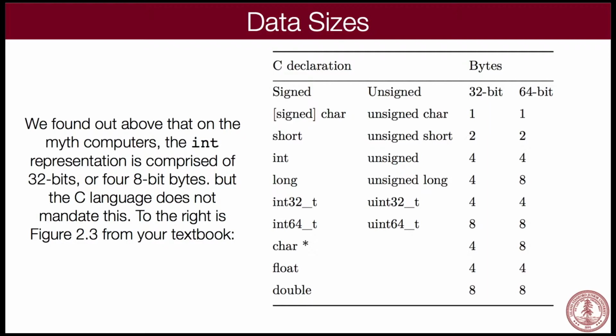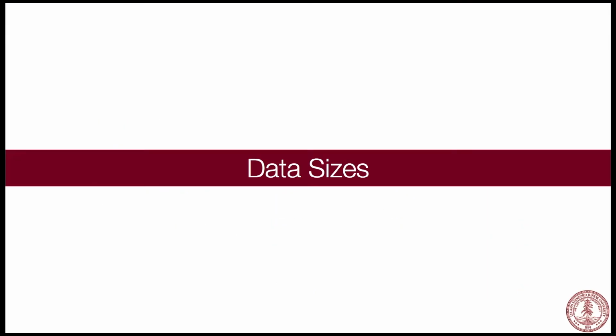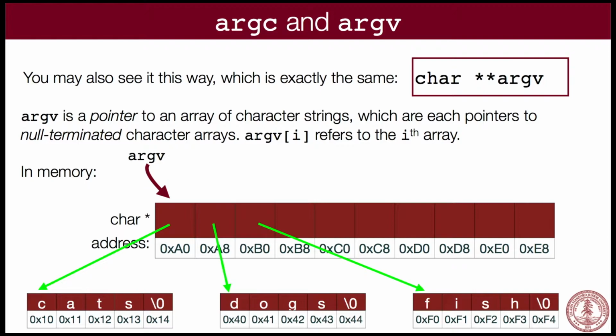Question? Kind of related to this, if you go back 2 slides, why, at the bottom, cats and dogs, why does one slide go by 8 and the other by 1? Yeah, this is such a good question. The question was, up here in this array, it goes A0, A8, that's 8 away, and then B0 happens to be 8 away from A8. If you think about how you add the digits, that works out. But then down here, they're by 1.